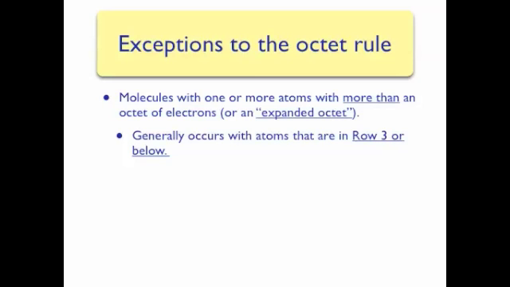But be wary of this explanation. Since electrons are considered to define the orbitals, there really is no such thing as an empty orbital. The orbital doesn't exist unless an electron is occupying it. It is easier just to say that larger atoms can accommodate more electron pairs. And this occurs for elements that are in row 3 or below.